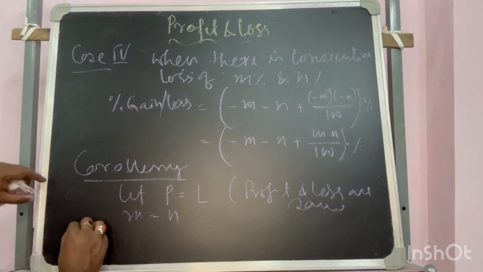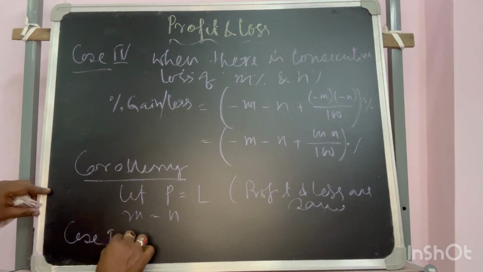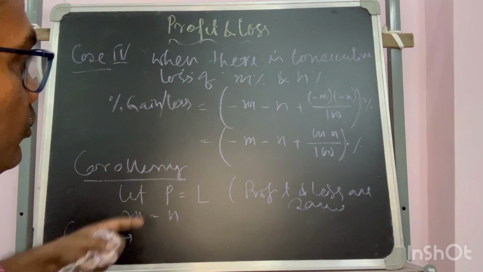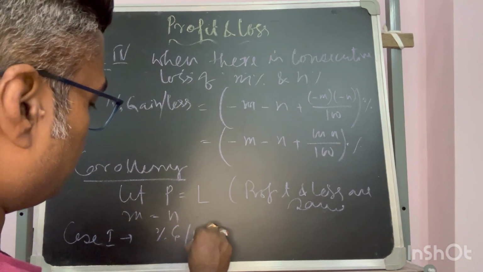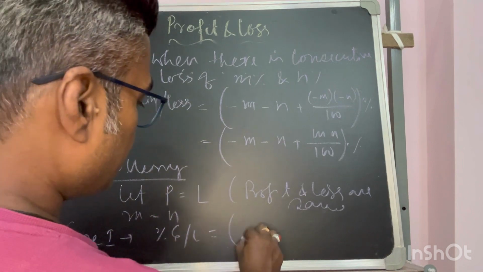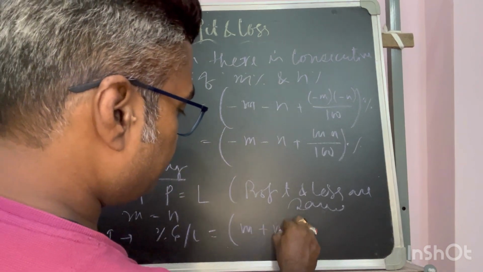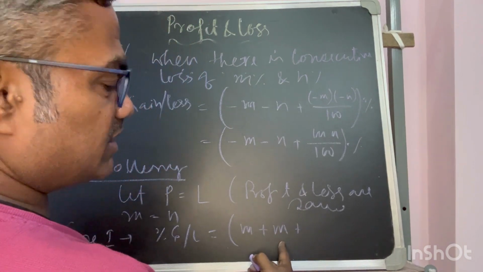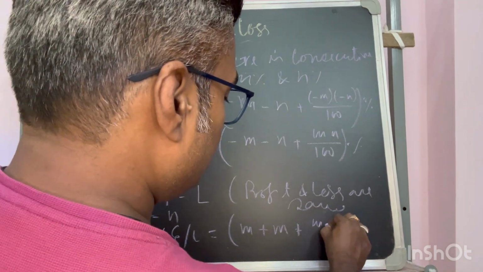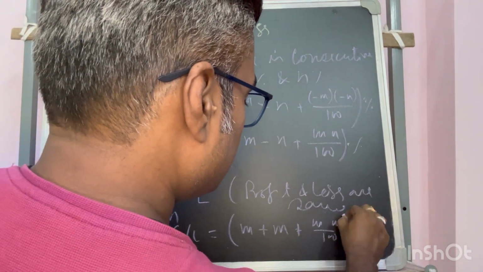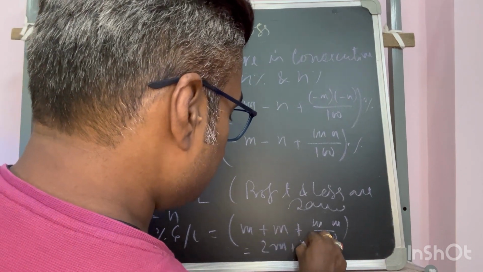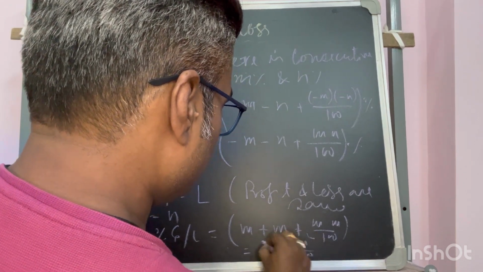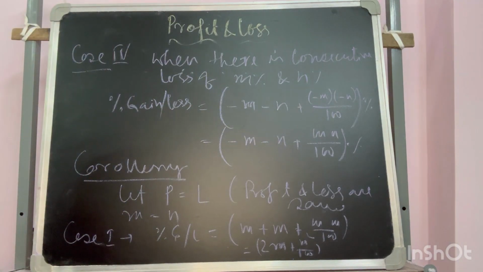Case 1 was when both are positive, both are profit. In that case, the percentage gain or loss is equal to m plus m, because I am considering both are the same, plus m into m by 100. So this will become 2m plus m square by 100. That will be the equation. Okay.